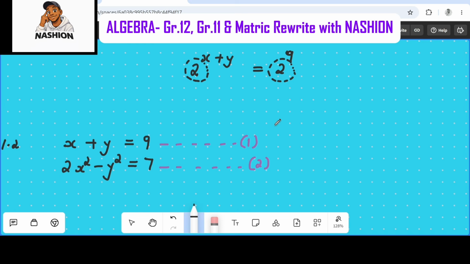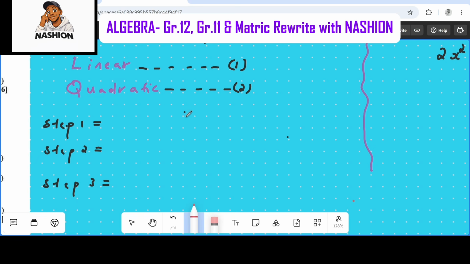So let's be ready, guys. Sometimes equation 1 will not be in linear form yet. It can be in exponential form first or in other forms. Now, once we get equation 1 linear, and we have a quadratic equation as equation 2, what do we do? What's the process? If we are using the substitution method, in step 1, we are going to make equation 3 from equation 1.